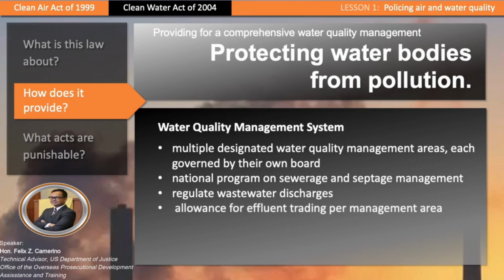There is also coverage for effluent trading per management area. This trading is technically the same as the emission trading that we talked about when we discussed the Clean Air Act, but they're not talking about the same exact thing that's to be traded.